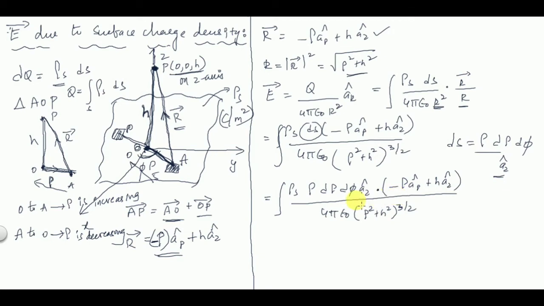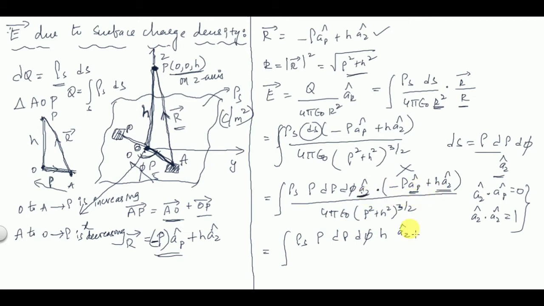Okay, so in this, the first term a_Z dot a_rho cap is equal to 0. So this term totally becomes 0, and a_Z dot a_Z cap is equal to 1. These are the basics of unit vectors which we have already discussed. So the integral becomes rho S into rho d rho d phi into H a_Z cap, because this is the direction.